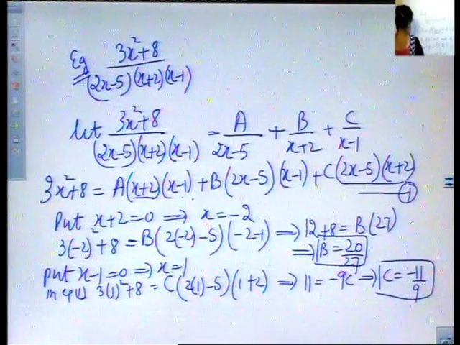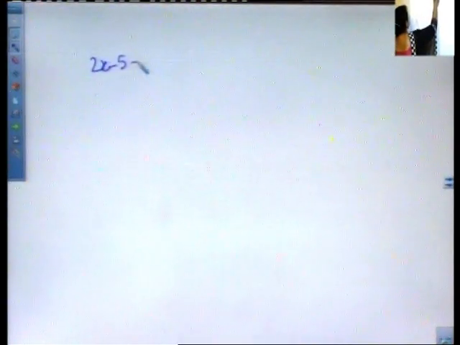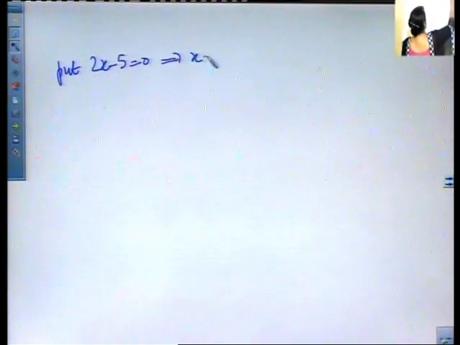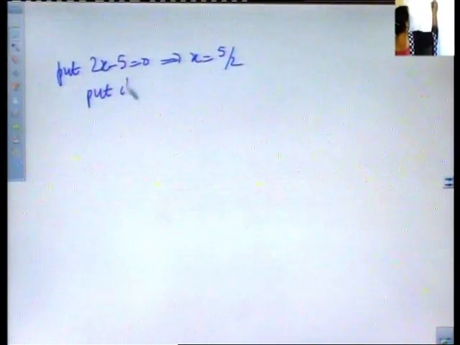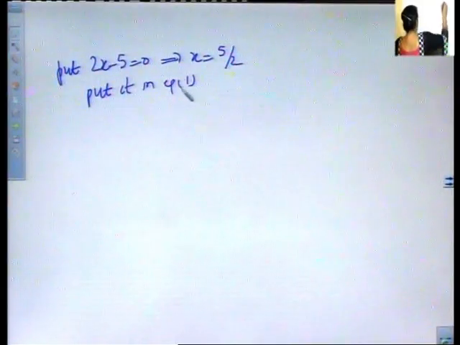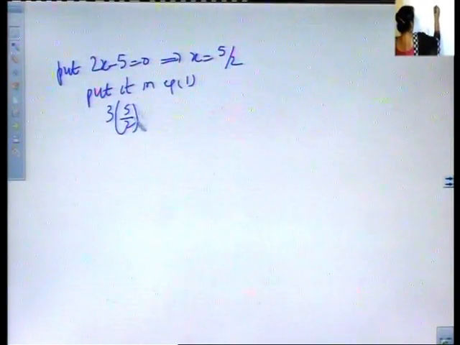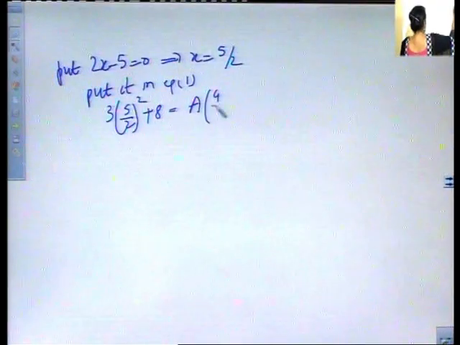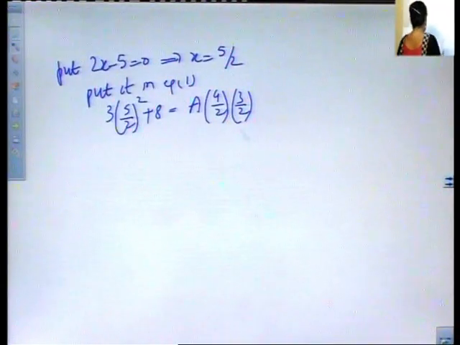In the last, we put 2x minus 5 is equal to 0. So this implies x is equal to 5 by 2. Put it in equation 1. So we get 3 into 5 upon 2 whole square plus 8 is equal to a into 9 by 2 into 3 by 2.